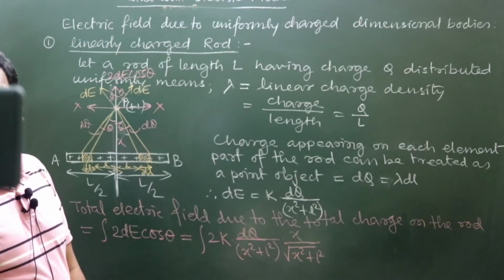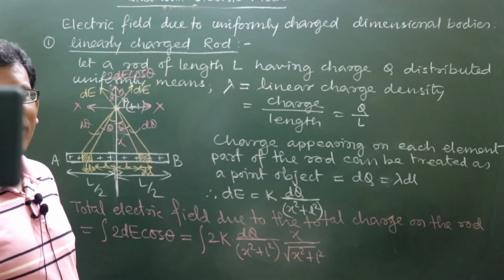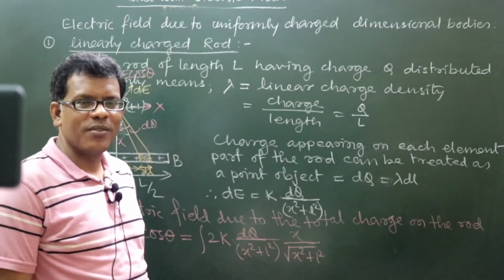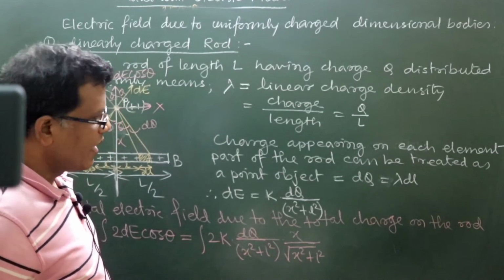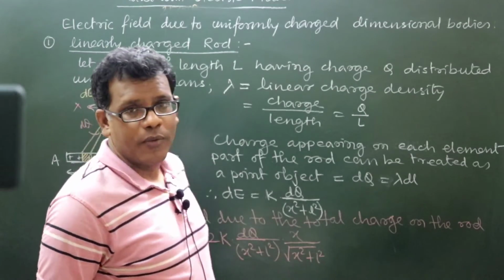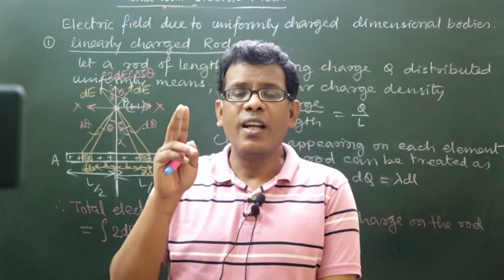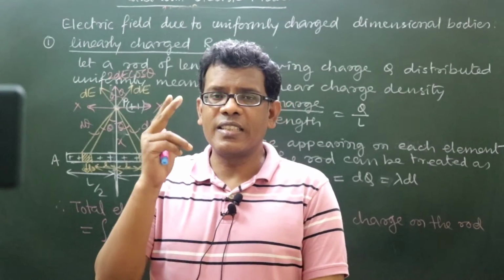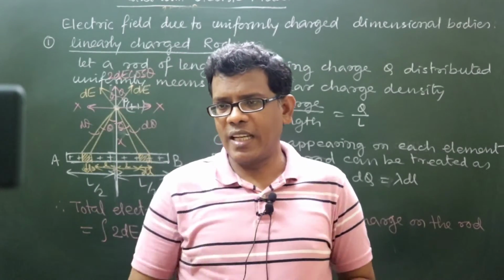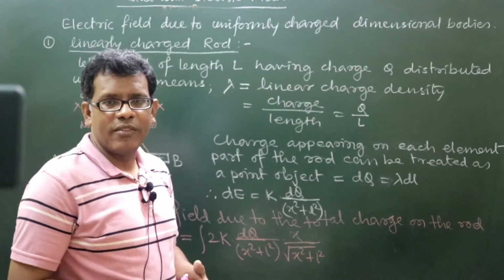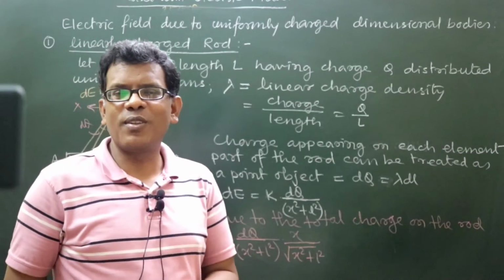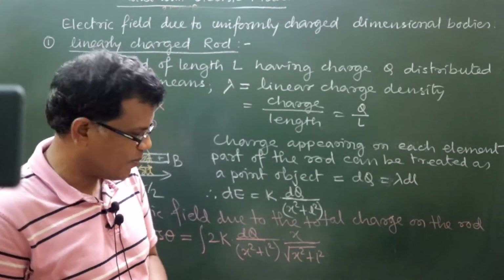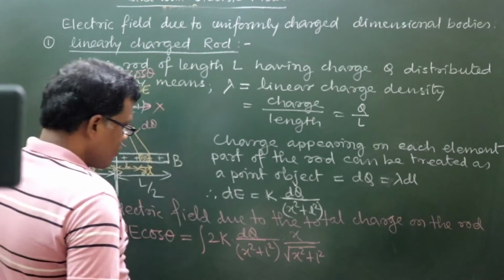That's why we are integrating the step of 2dE cos theta. Are you getting me or not? In one step we are taking the result of two elements. So if there are 100 elements, I have to calculate for 50 steps. Got it now?